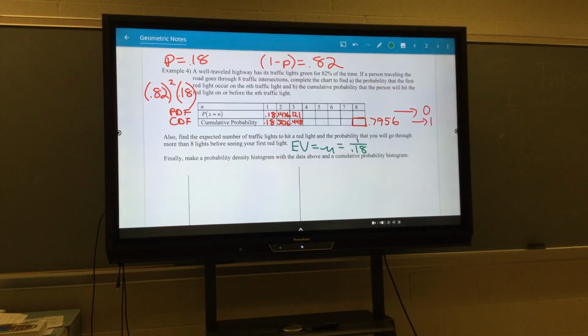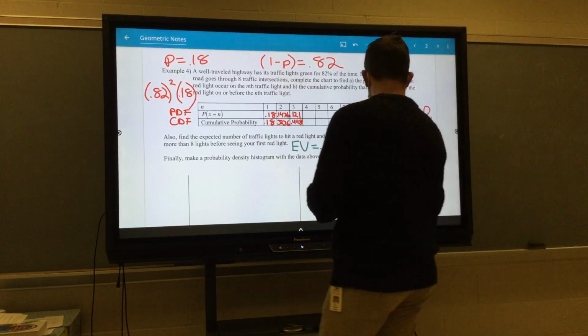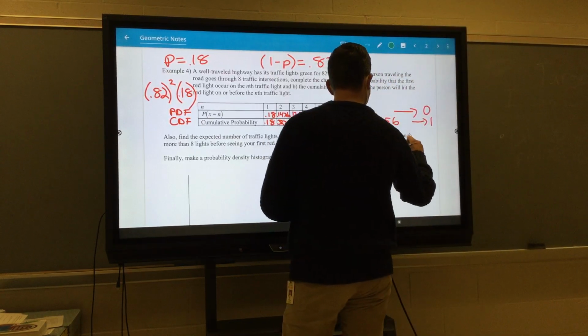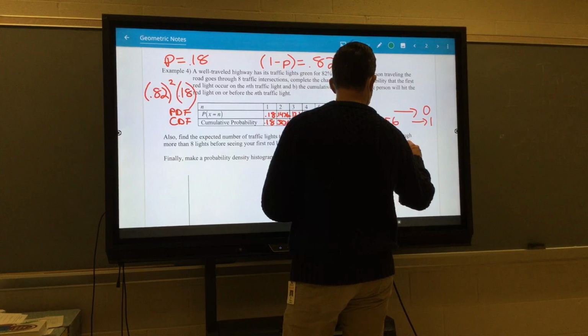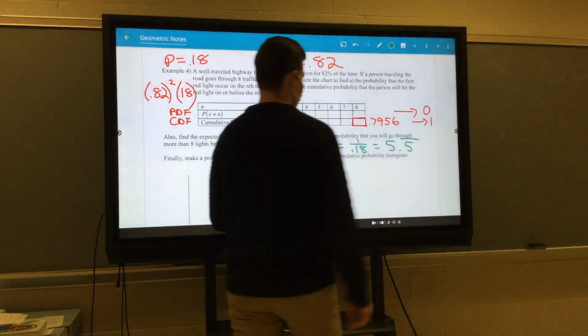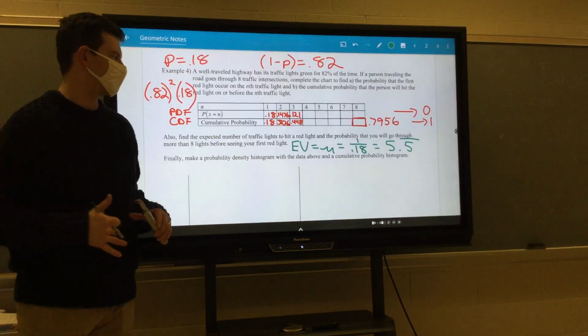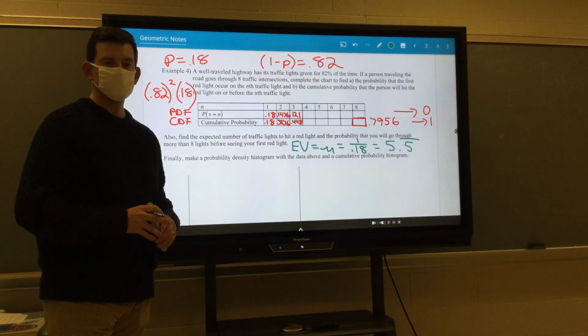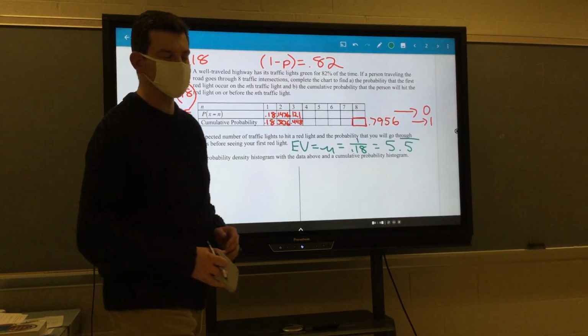We're looking at 5.5 repeating. So we would expect that first red light to occur around our 5th or 6th intersection.